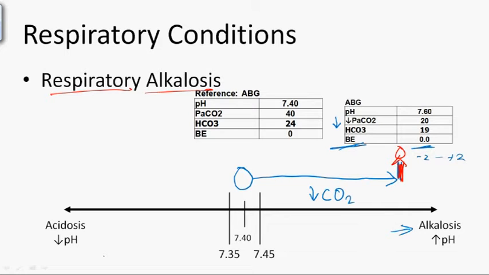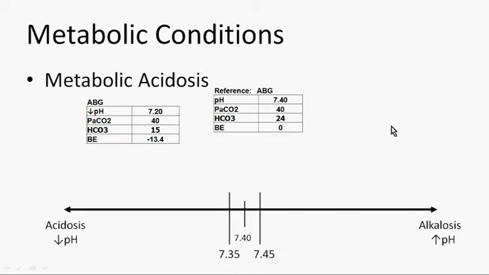So this change in pH that we're seeing here is entirely due to the respiratory system. So it's a respiratory alkalosis. The pH does go up. You can put your little arrow there, but the primary effect here is being caused by the CO2, and we know that because the base excess is 0.